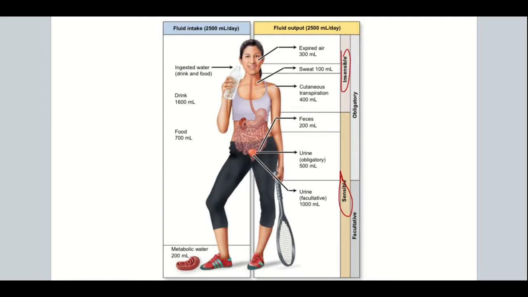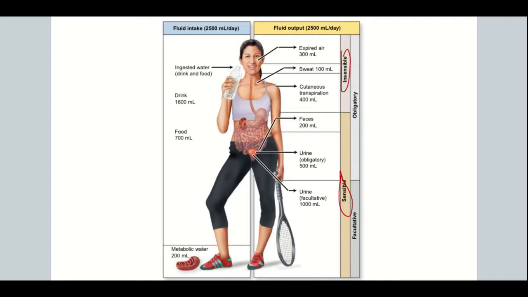So one is going to be volume depletion, the other one is volume excess. Volume depletion is when you are losing isotonic fluid faster than you're gaining the isotonic fluid. So this could include vomiting or diarrhea.